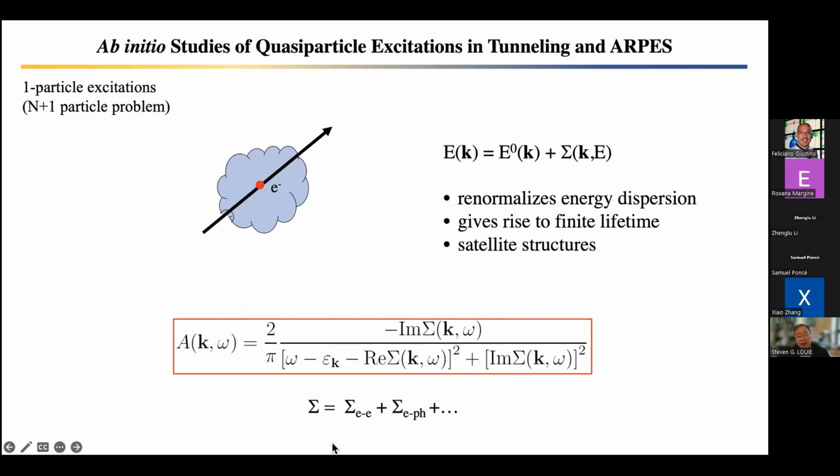And the self-energy can have many contributions: electron-electron interaction, electron-phonon interaction, and so on. Today I'm going to focus on the electron-electron contribution to the electron self-energy. And you already heard about how electron-phonon interaction contributes to the self-energy in the last few days.